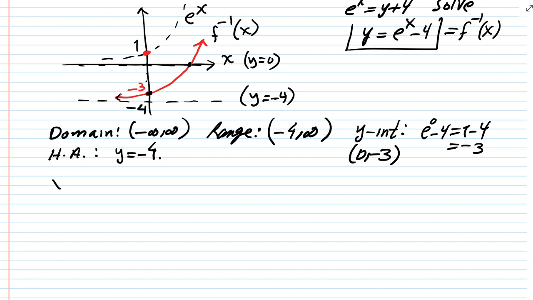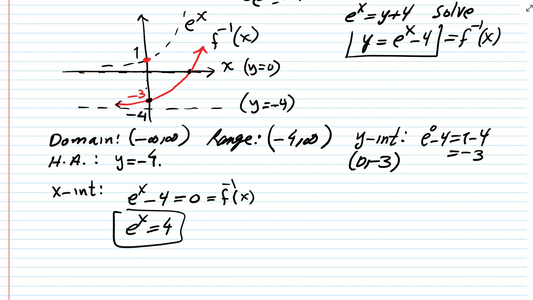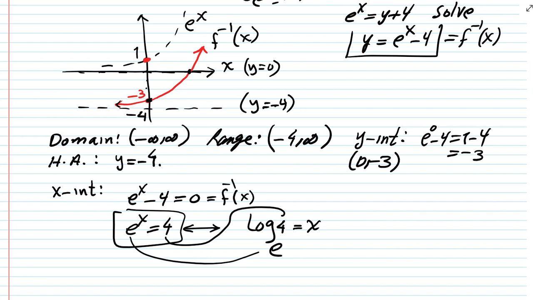Let's see, if I want to find the x-intercept, I may have to use a calculator for this one. The x-intercept, that's when e to the x, actually no I don't. We set the inverse function equal to 0, right? Now, solve for x. e to the x, add 4 to both sides. Now this one we can solve. We are in a position to solve this. Let's rewrite this in logarithmic form. Base is e, 4 goes in front, and x goes on the other side.